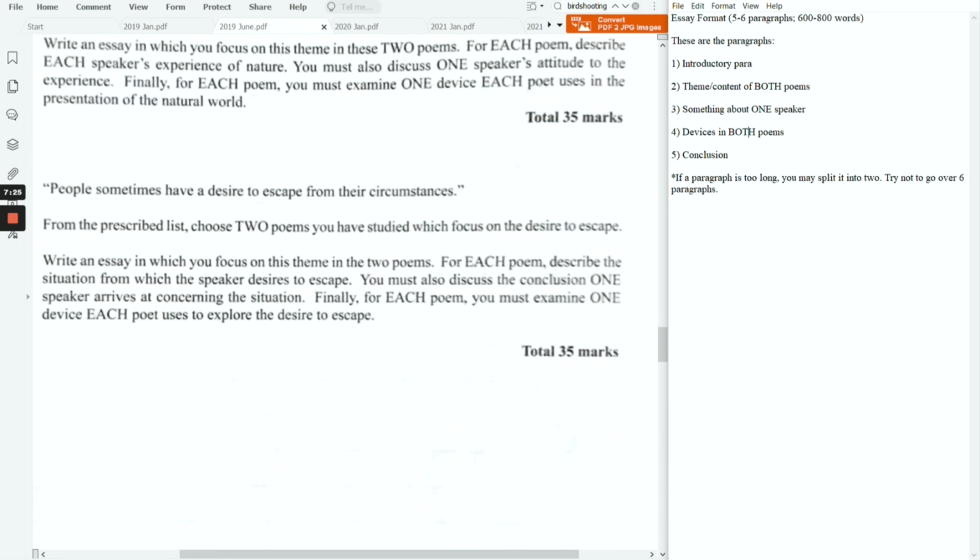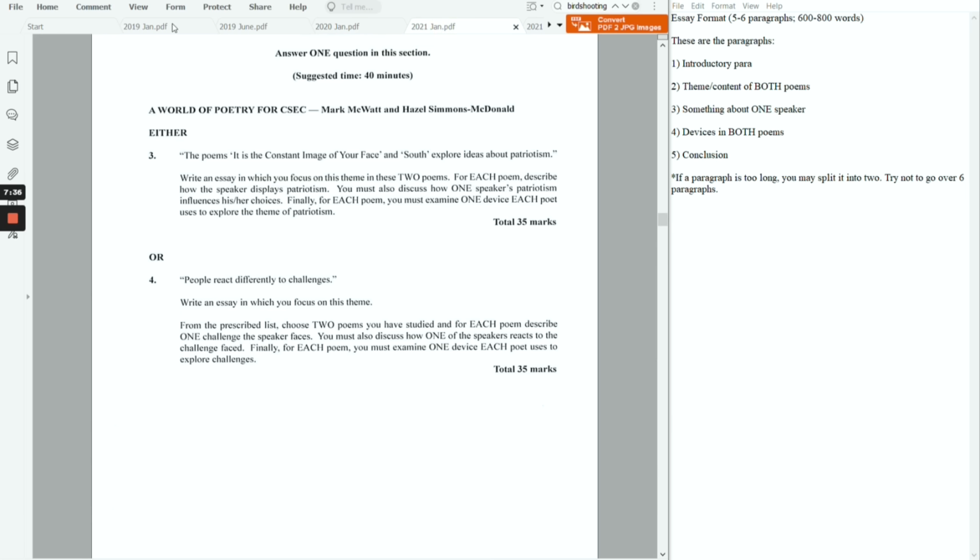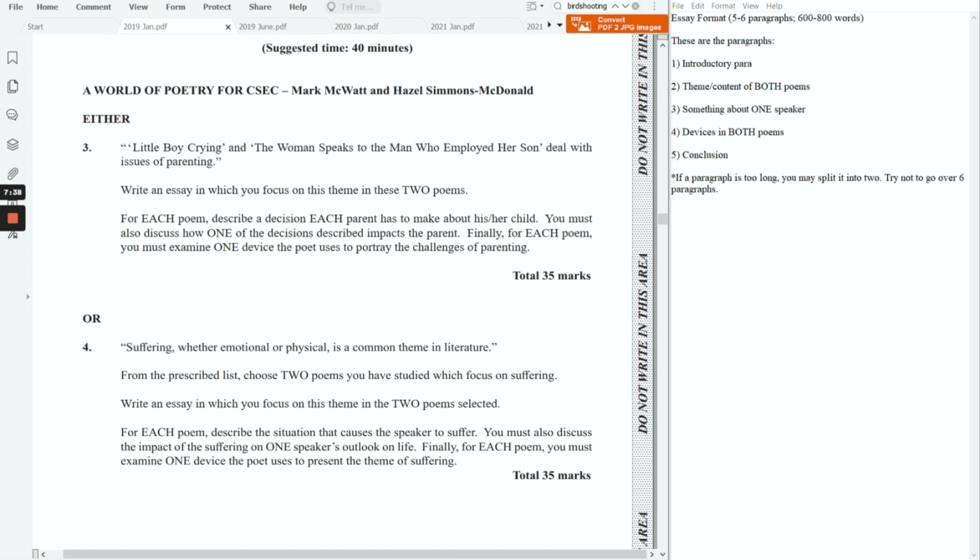And if we look here, it's the same thing. For each poem, and then one speaker, and then each poem. And if we go to 2020, 2021, it's going to be the same. That is how they're doing it. So you're going to talk about both poems, then one poem, then both poems. And of course, you start with the intro, you end with a conclusion. That is the essay format.